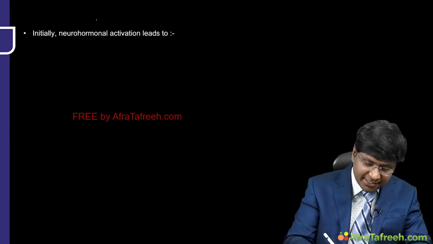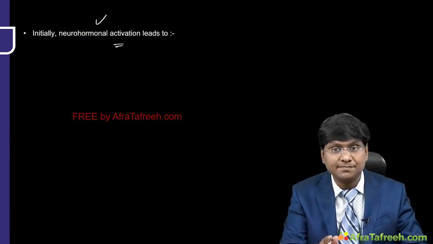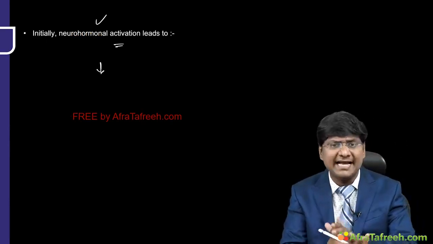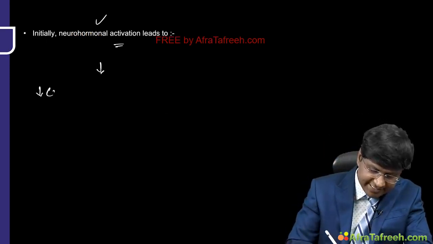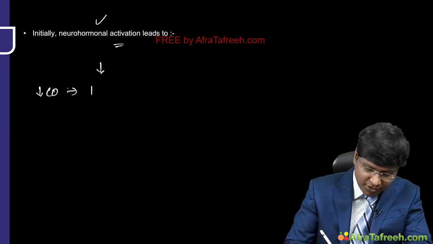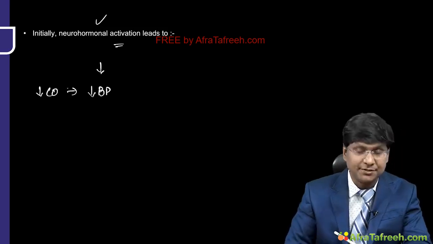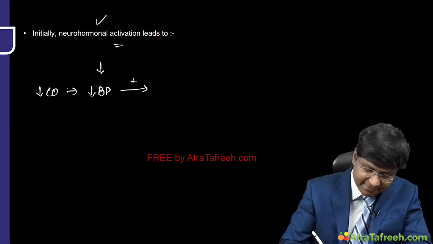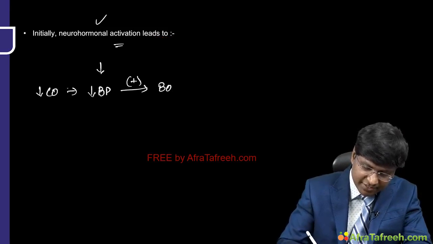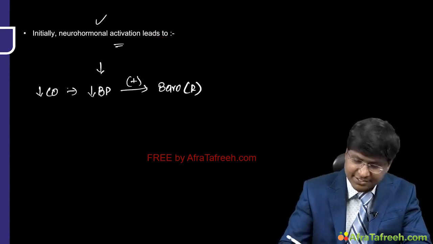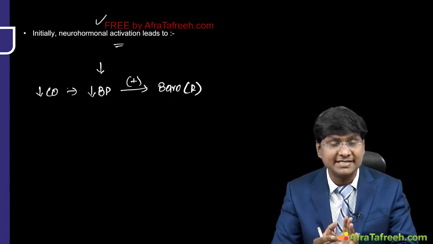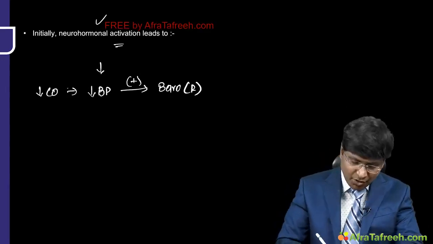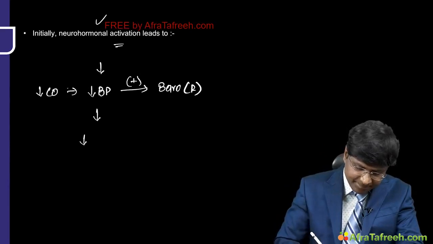Now in this neurohormonal activation, why is it activated? Let me explain the mechanism. In heart failure, there is decrease in cardiac output. That will cause decrease in blood pressure, and that is sensed by the baroreceptors. What are these baroreceptors? The carotid sinus as well as the aortic sinus. They sense the fall in blood pressure, and whenever there is decrease in blood pressure, there is also decrease in renal perfusion.